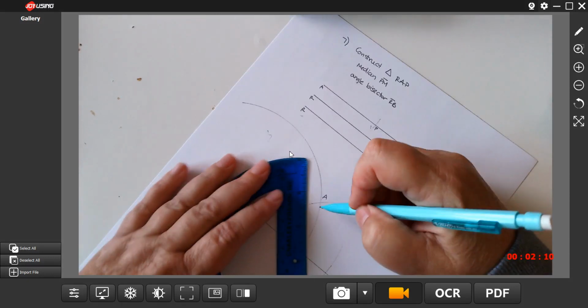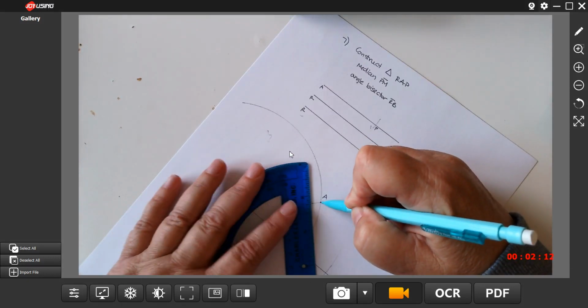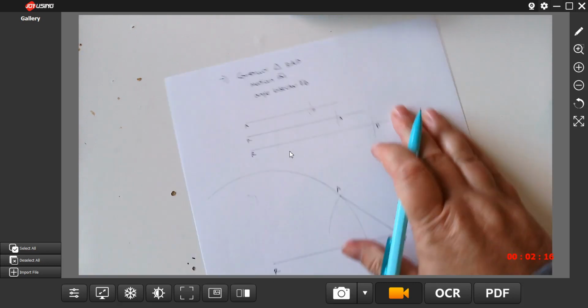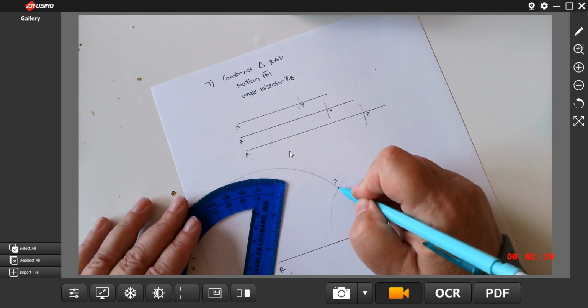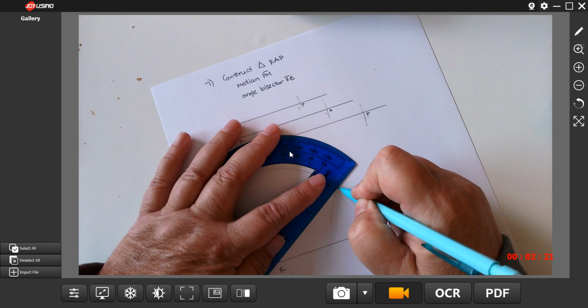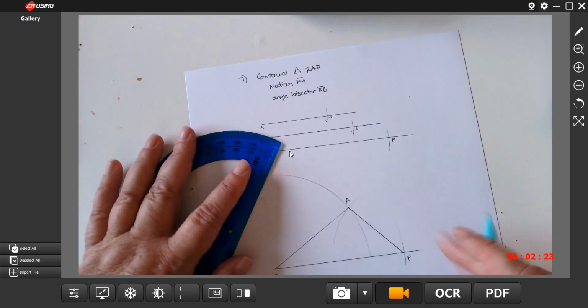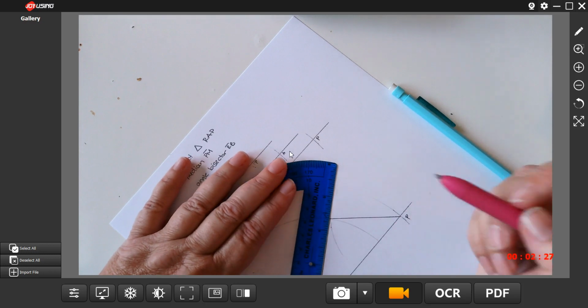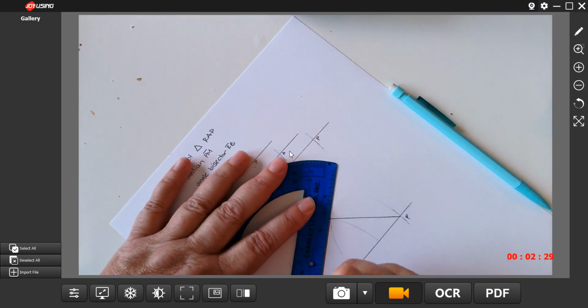So that has to be point A right there. So I'm going to go ahead and draw in my original triangle here. Now I'm going to go over this with a pink pen just to make it stand out a little bit more. You don't have to do that. I just thought it might be easier for you guys to see on the video.